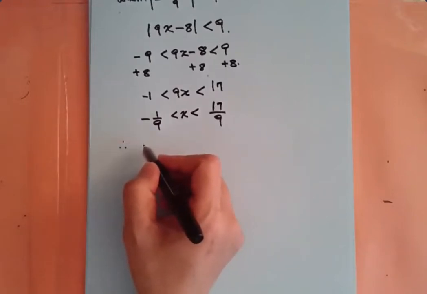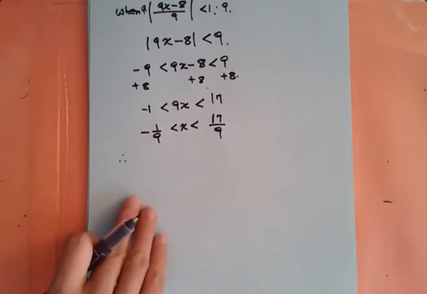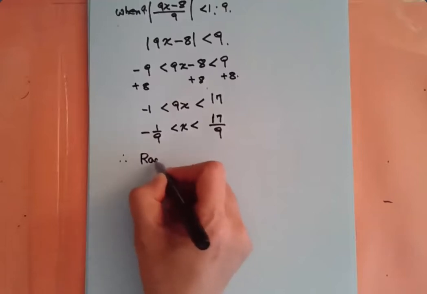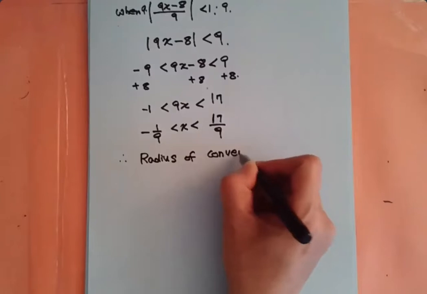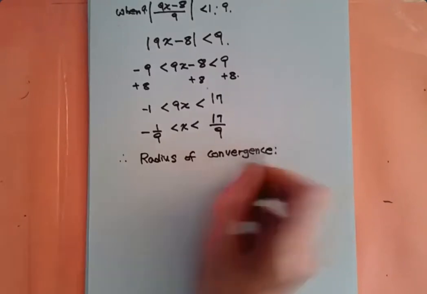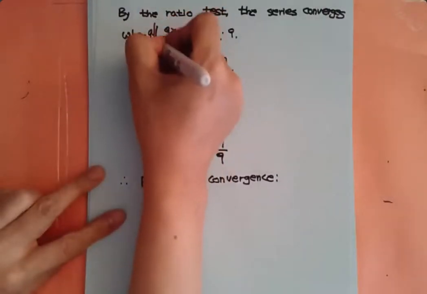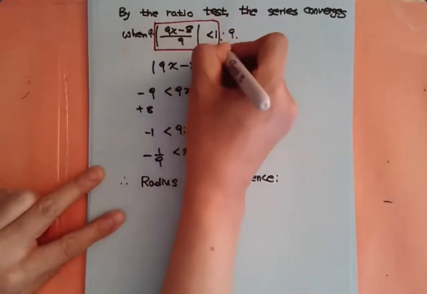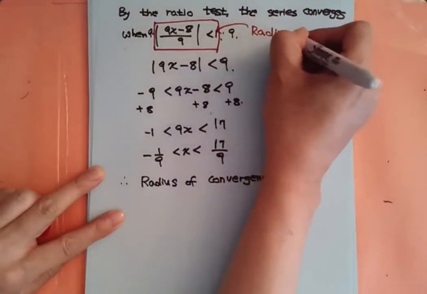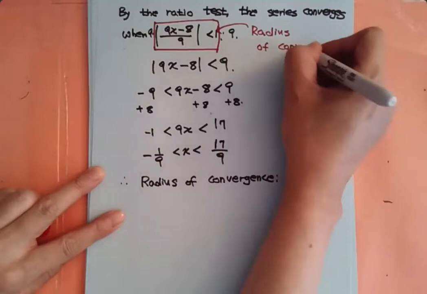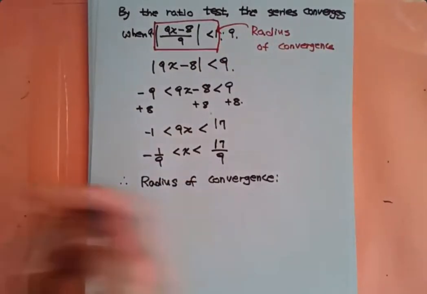So what can we say about the radius of convergence? Radius of convergence is determined by this inequality, and so the radius of convergence is 1.